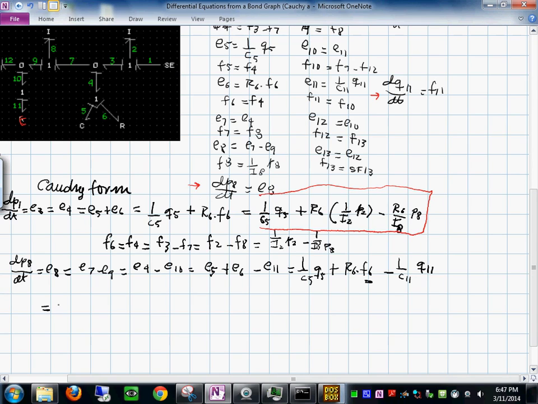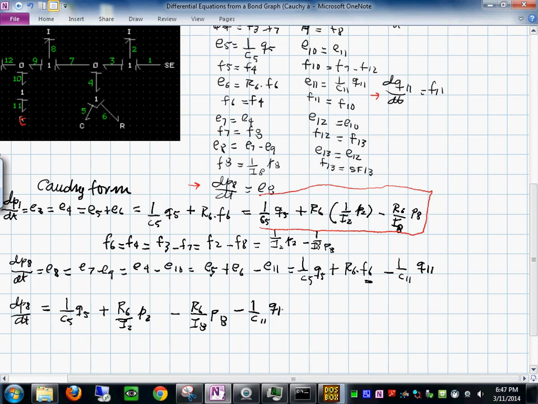So having done that, we just use the result, and then we will have the answer. So dp sub 8 dt is going to be equal to 1 over c sub 5 q sub 5 plus r sub 6 times I sub 2 p sub 2, and then minus r sub 6 divided by I sub 8 p sub 8, and then minus 1 over C11 Q11.